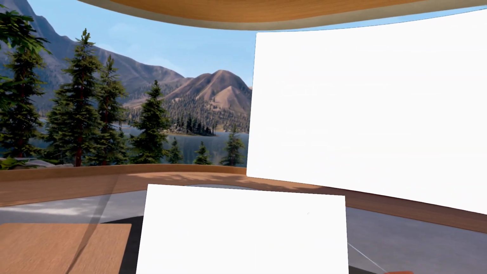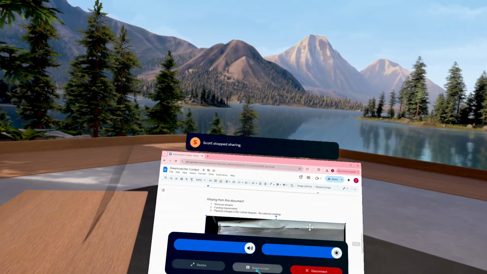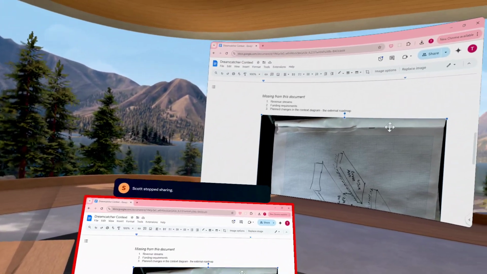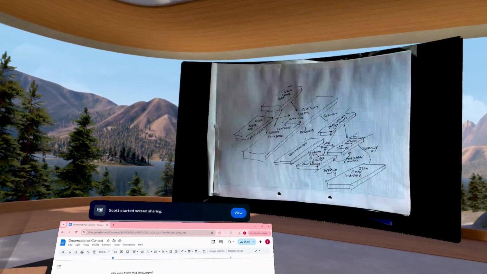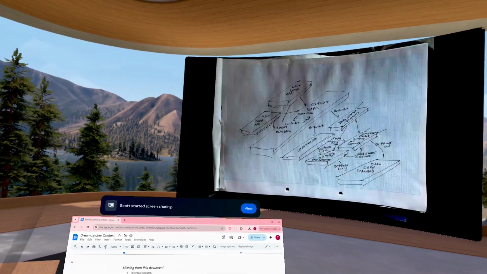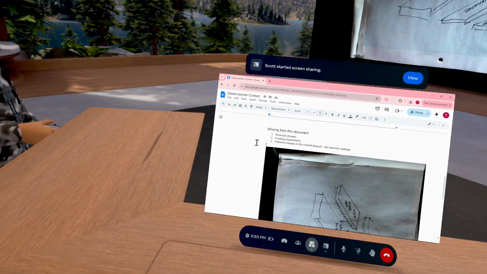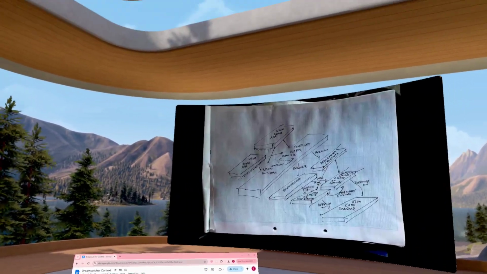I think when this has happened before, if you share and then I take over from you, that seems to work for some reason. All right, now if I take over, do you see that? Yes. Who knows, maybe it's the same feature. Computer. Share screen. Yeah.